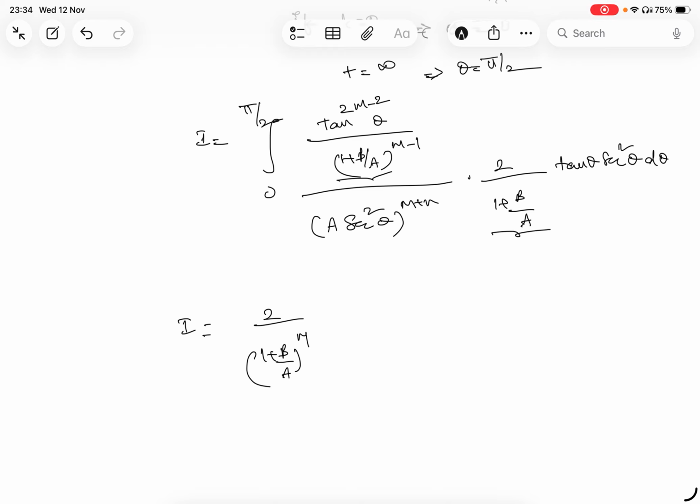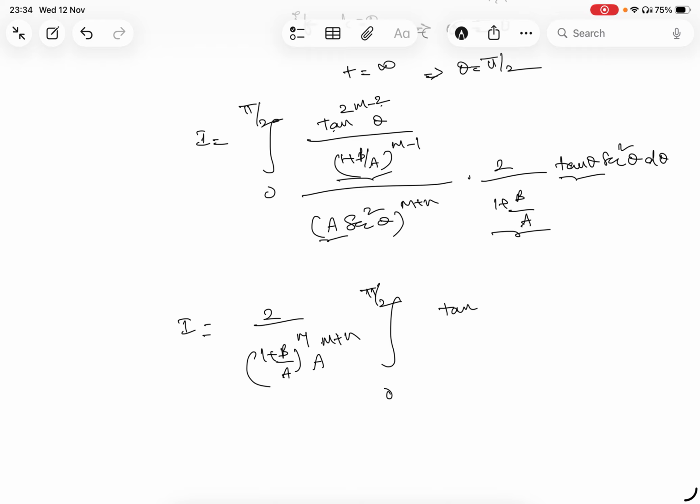This constant's gone, and this constant, which is a into a power m plus n, into 0 to pi by 2, right? Tan power 2m minus 2 and tan theta.